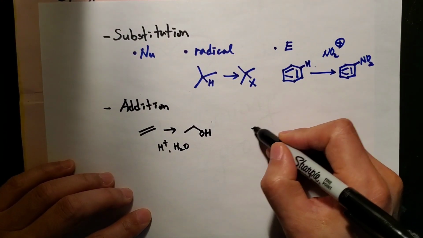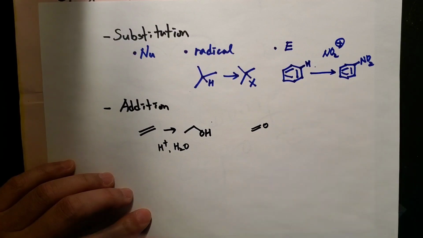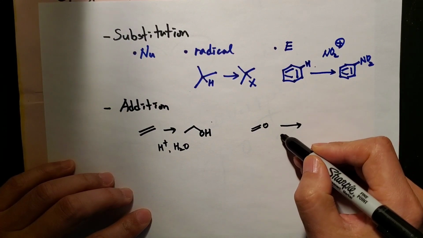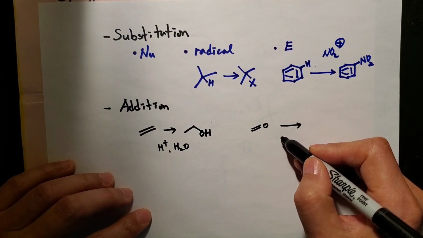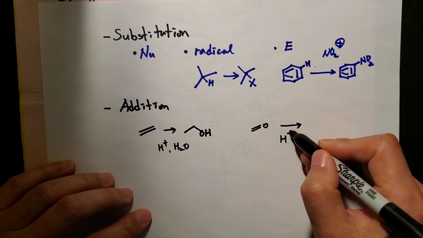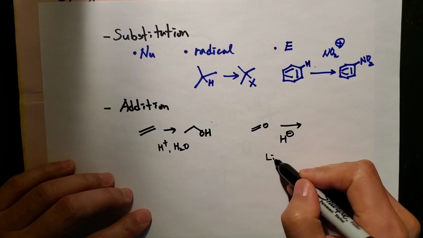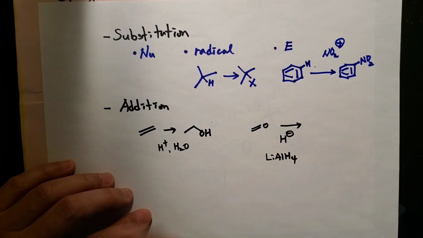But if your double bond is this kind of double bond, then addition will be done by strong base, such as hydride, the one from ionic lithium aluminum hydride.